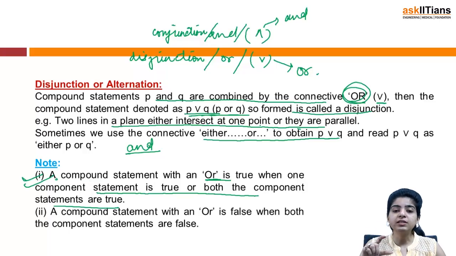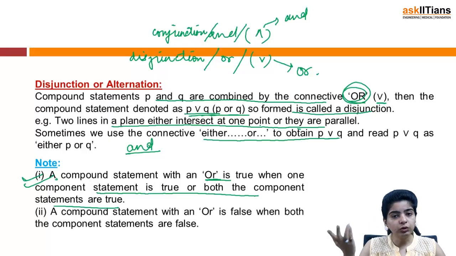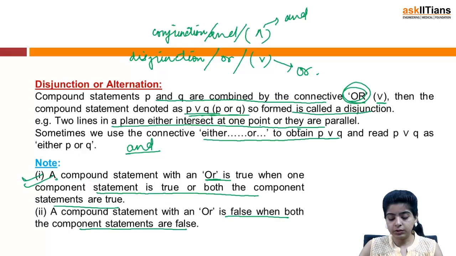So if P is true and Q is false, you will have the truth value of P or Q as true. Either of the two has to be true, then the truth value is true, else it will be false. In fact, even if both of them are true, the truth value would be true. A compound statement with an OR is false when both the component statements are false.